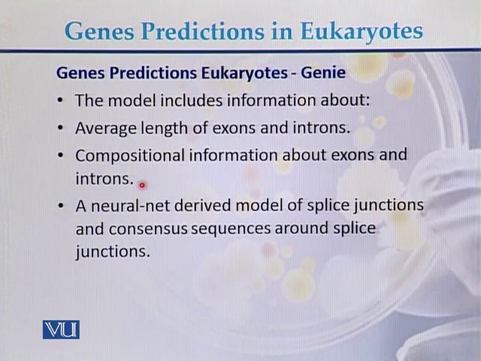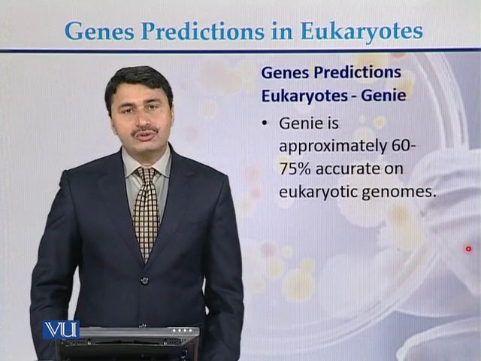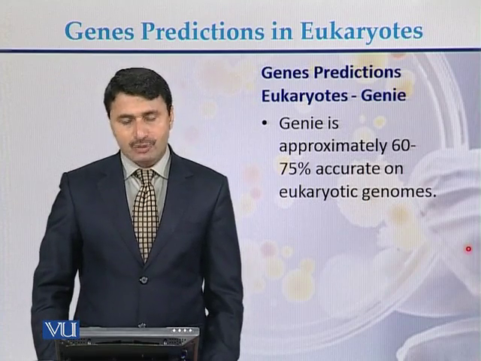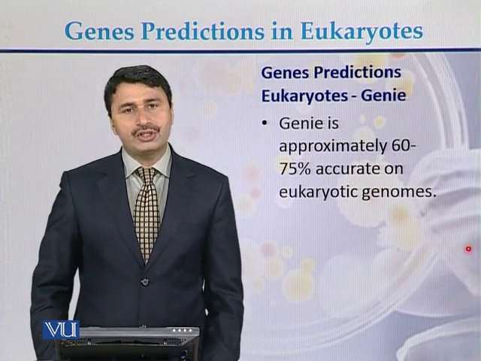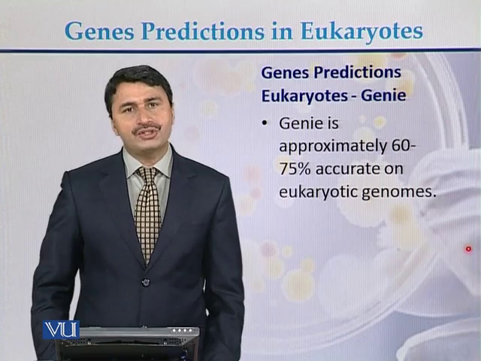In addition to these two, a neural net derived model of splice junctions and the consensus sequence around splice junctions are used by this tool. Genie is approximately 60 to 75% accurate on eukaryotic genomes for the prediction of genes.